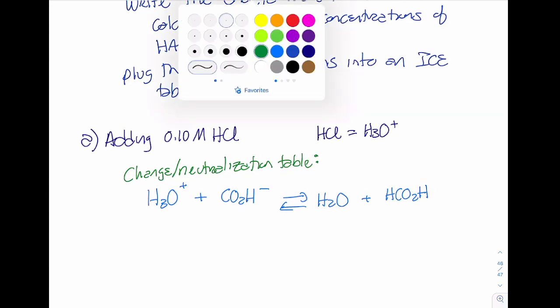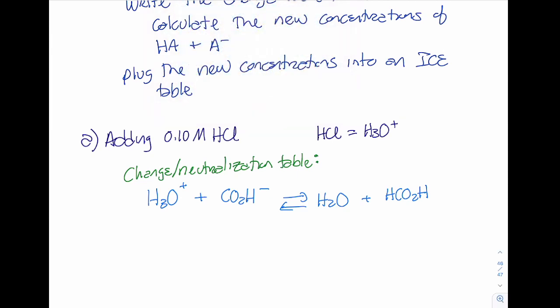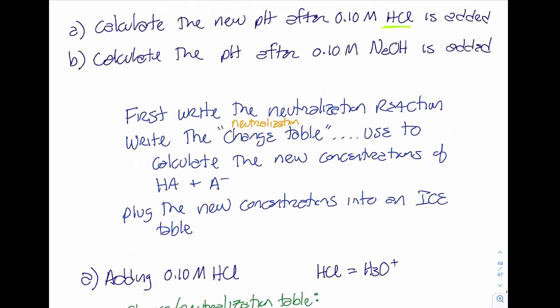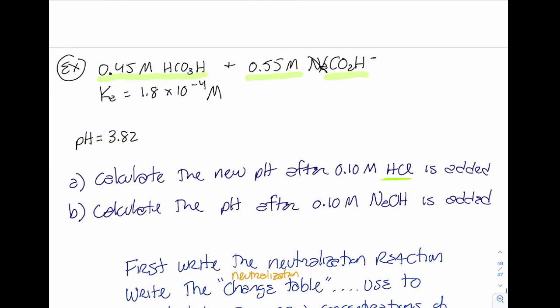So what I'm going to have, and different instructors kind of write this differently, but I'm going to basically have my old concentrations. And it's not really that they're old, it's just the ones that were given in the problem. So you could say original concentrations, initial concentrations, however you want to do it. Old works for me. Initial is probably better, but it's going to be these values that were given in the problem.